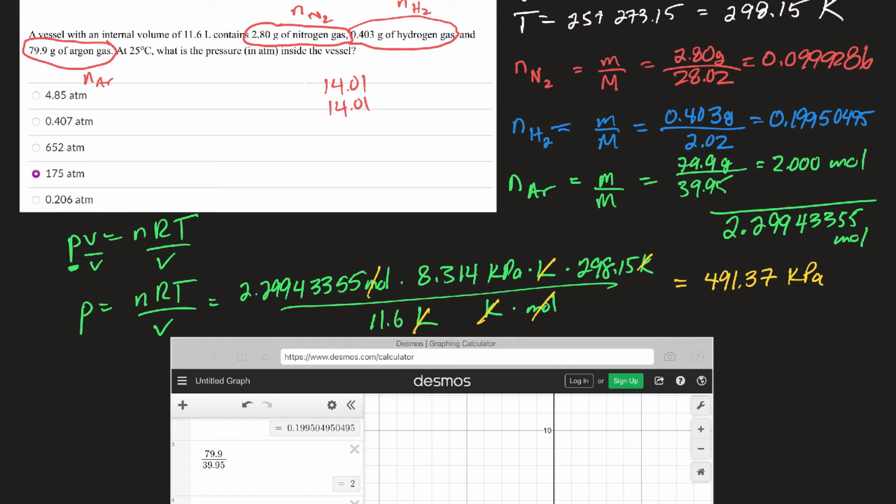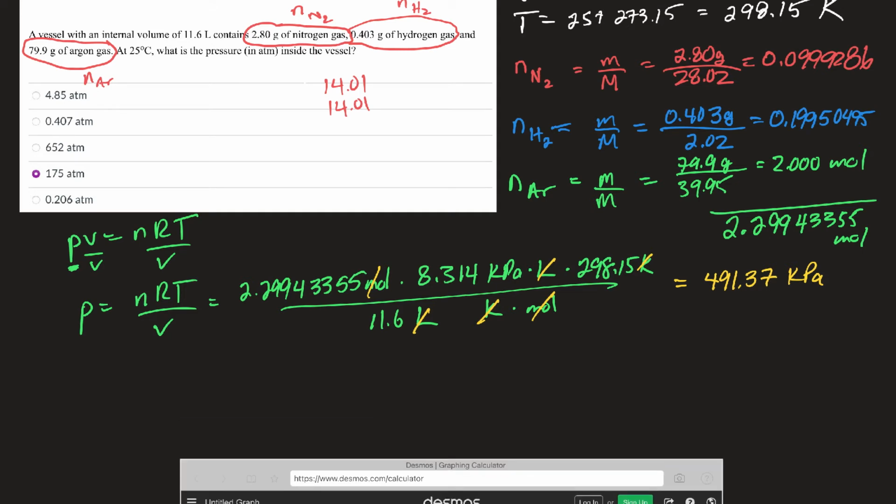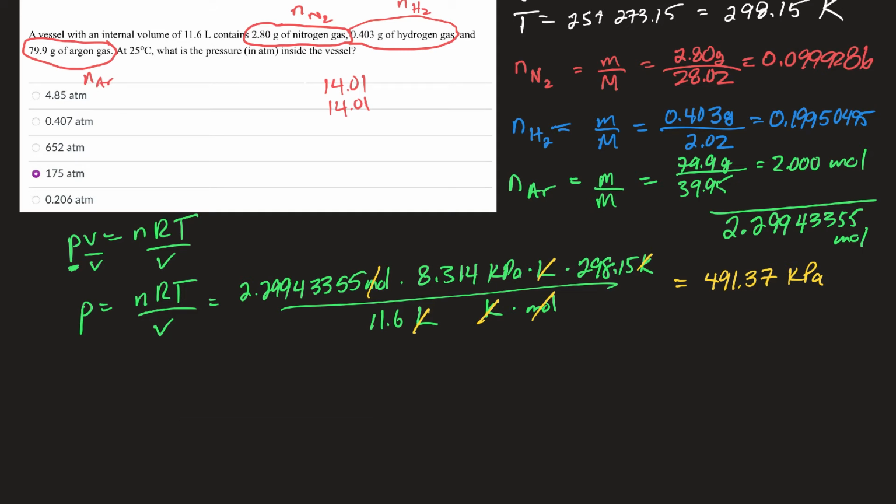Oh, but I have kilopascals, and they want the answer in atmospheres. Okay. So I have 491.37 kilopascals. To convert that to atmospheres, it's 101.325 kilopascals for 1 atmosphere.